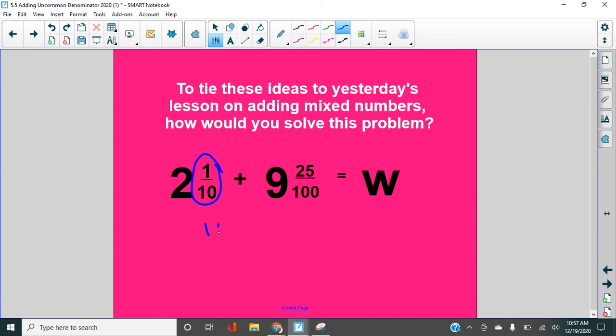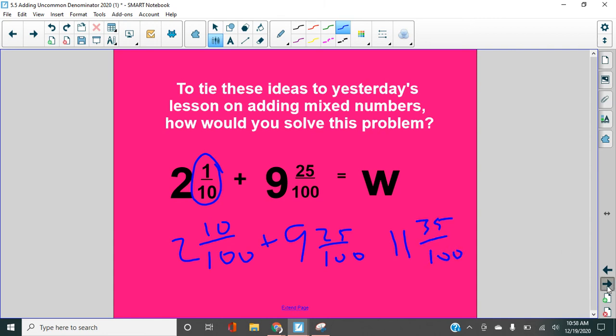Change it to 10 hundredths. Okay, 2 and 10 hundredths plus 9 and 25 hundredths. What would that answer be? Did you say 11 and 35 hundredths? If you did, you're correct.